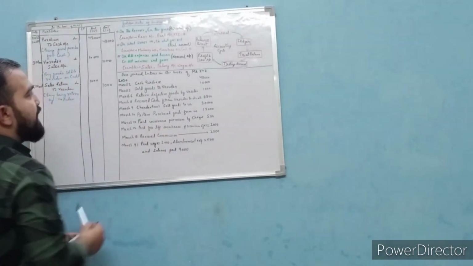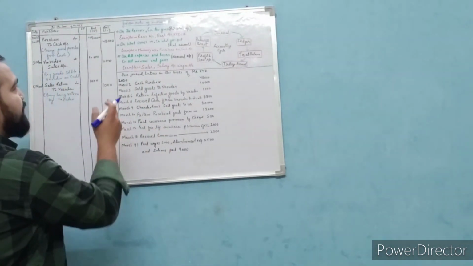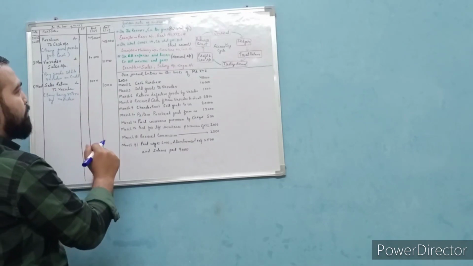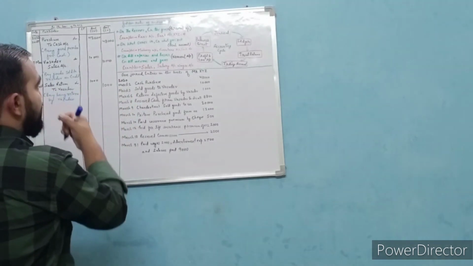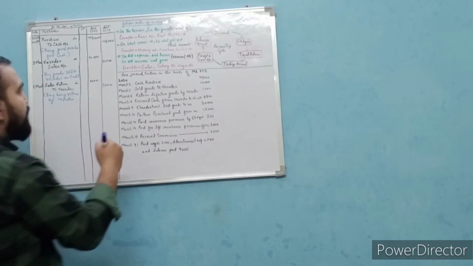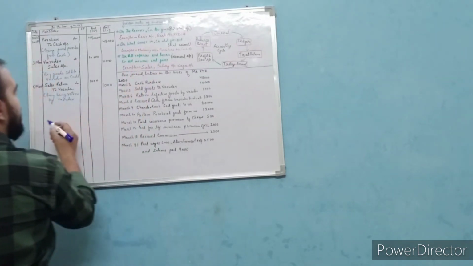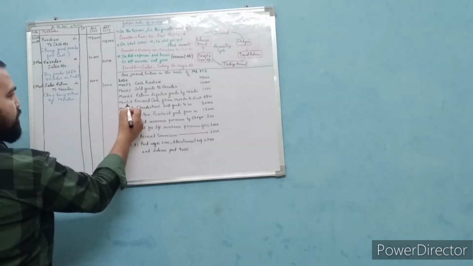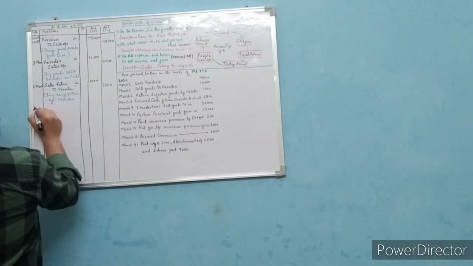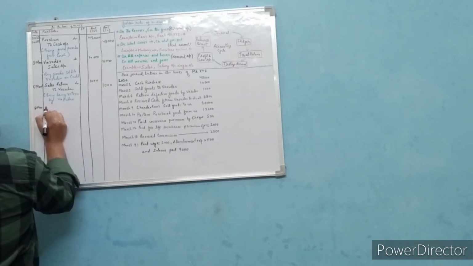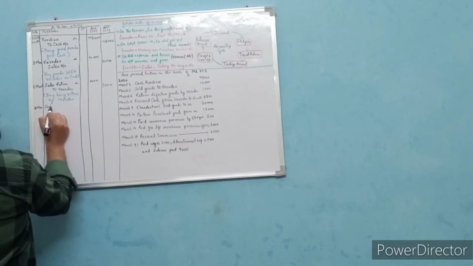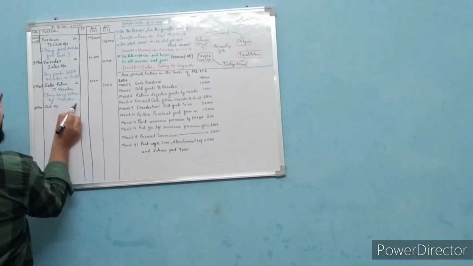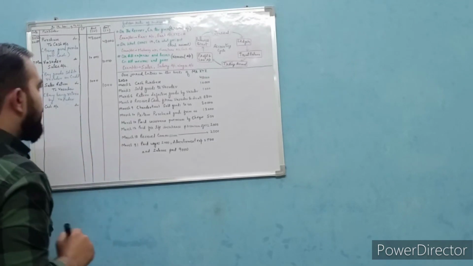Now here what we will do? When we have received the cash, we have to debit, because cash is coming inside. Cash is according to the real account. What comes in? Debit. So cash comes in. The date is 8 March. We will write cash account debit, because cash is coming.